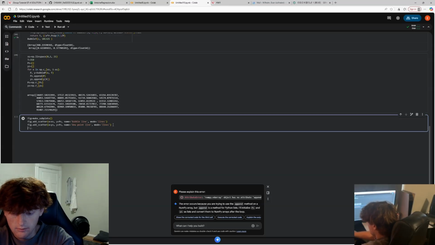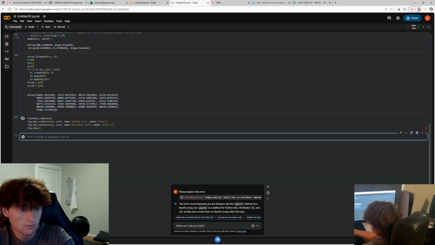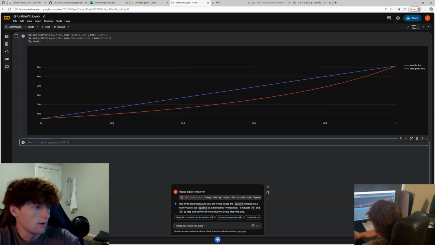Okay, and then we have fig dot show. Okay, yeah, so there's our benzene bubble line and dew point line.